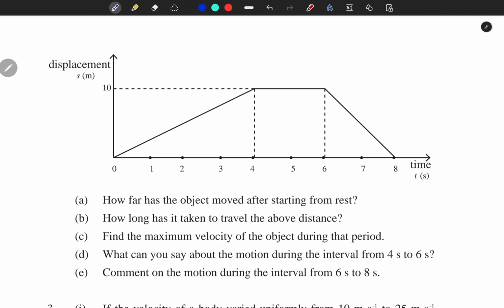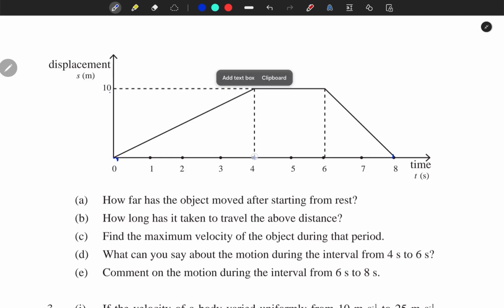So this is 0, and this is the end of the journey. After starting from rest, how much distance, how far has it moved? It's obvious, right? From 0 to here, how much did it travel? 10 meters.